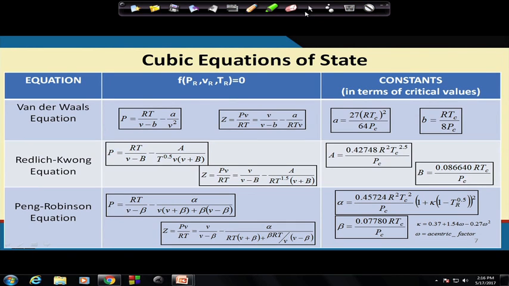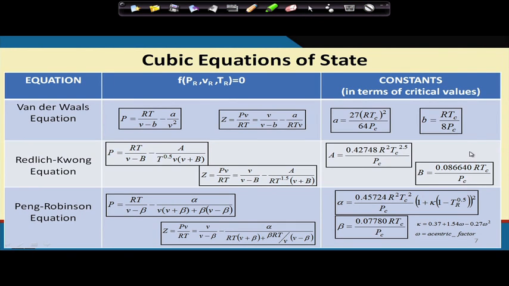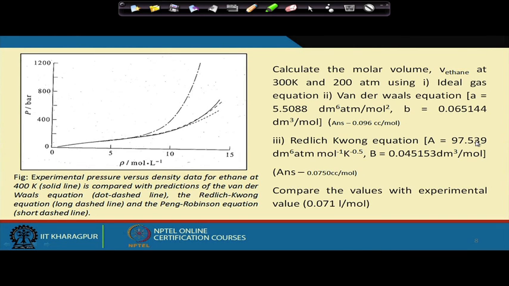This will be evident if we observe the experimental pressure versus density data for ethane. Okay. Here, what do you observe? This solid line is the experimental curve which has been observed. Just note the van der Waals equation of state. We find that beyond 200 atmospheres, it fails completely.